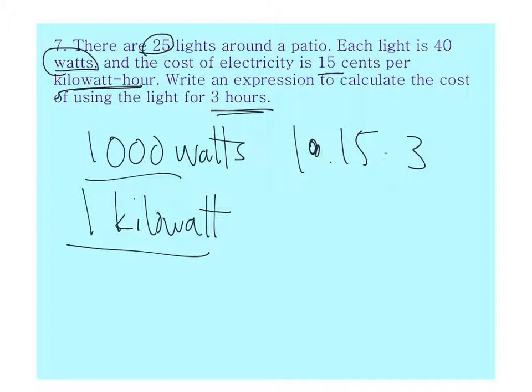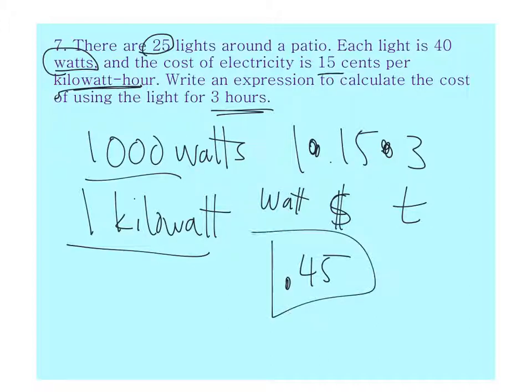So this is your wattage, this is your cost, and this is your time. So depending on what the variable is, it's going to be 0.15 times 3. So this whole thing takes 45 cents to run for 3 hours. Okay, so 25 times 40 is where I got the 1,000.